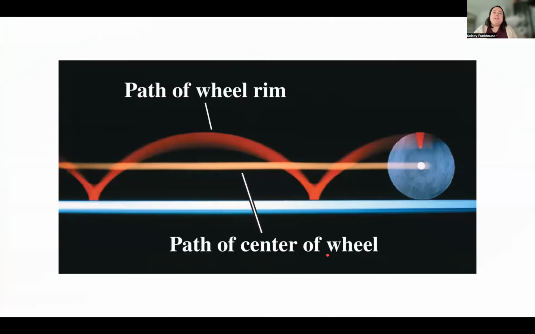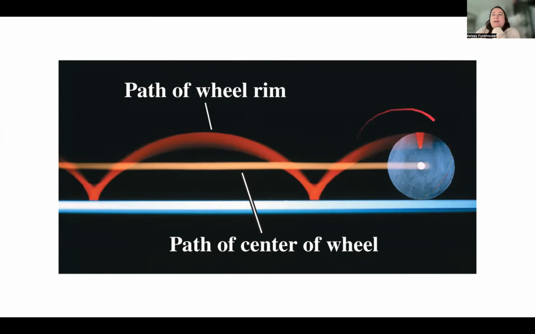Now, I want to talk a little bit about rolling motion with this. Let's just look at this. We have these two parts of this wheel. The yellow line is showing the motion of the center of the wheel as it rolls, and then the red is showing the rim. And you can see that they travel different distances.